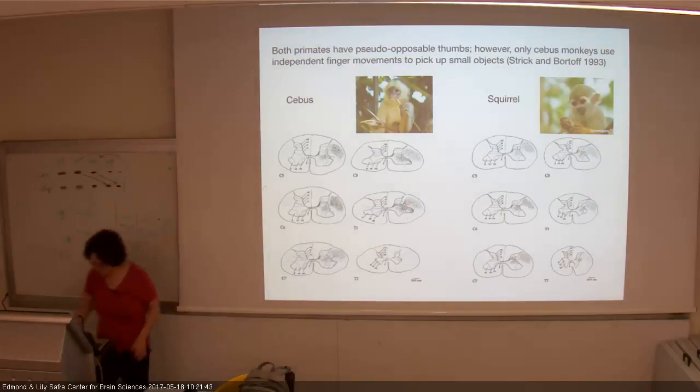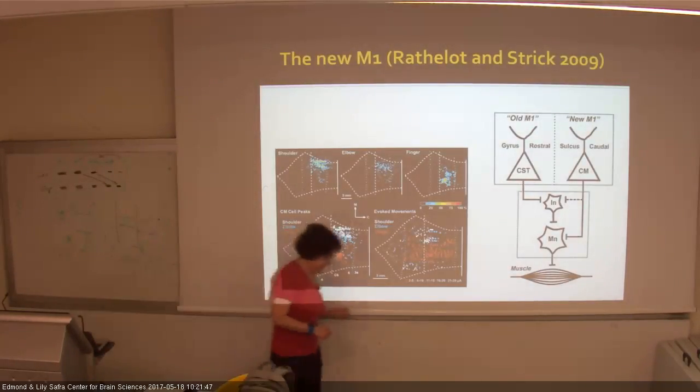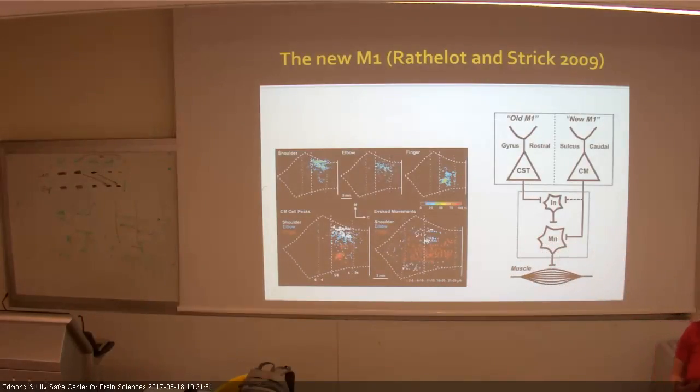Okay, and more recently, people have suggested, and this is the work of Peter Strick, that in fact the primary motor cortex, at least in primates and possibly humans, should not be viewed as a single homogeneous structure, but you can divide it into two parts.